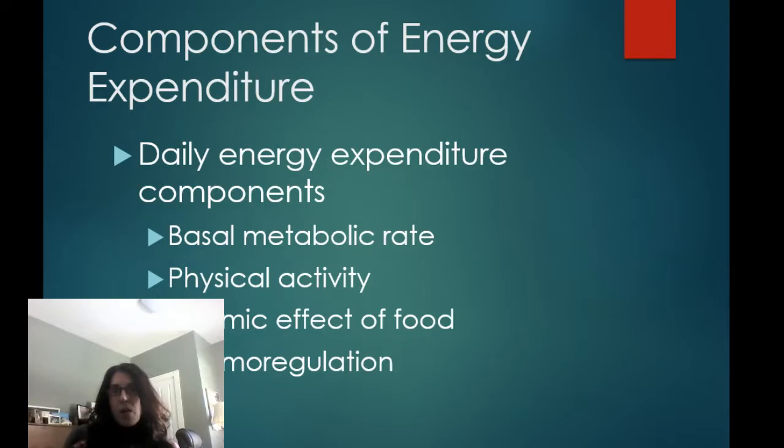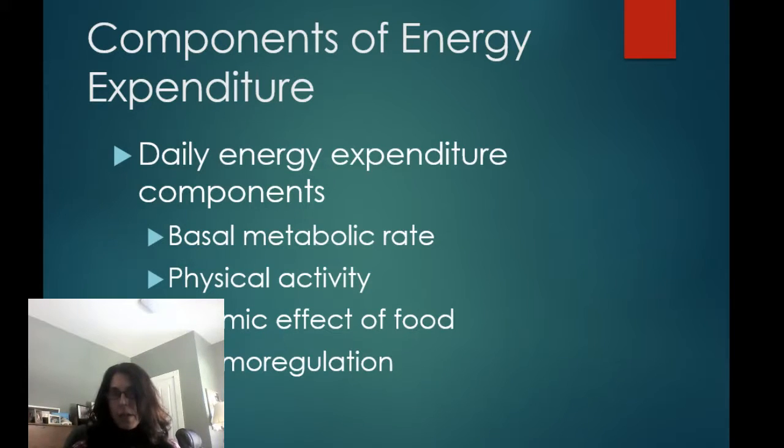So what exactly are the components of energy expenditure? In other words, what do we look at to determine how many calories we burn? Well, there's your basal metabolic rate, which essentially is the calories that you burn just to exist. Your cardiac system, circulatory system, breathing, just being.